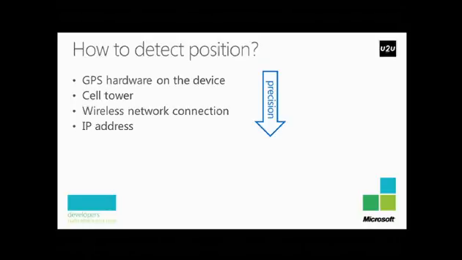If it cannot do that, it's going to look for wireless connections. Actually, a couple of years ago, a couple of students built a little mobile application that was using wireless access points to do triangulation in a hospital. Really cool idea. And if that doesn't work, it's going to try to figure it out from the IP address.